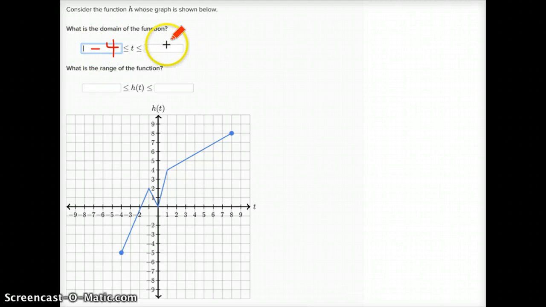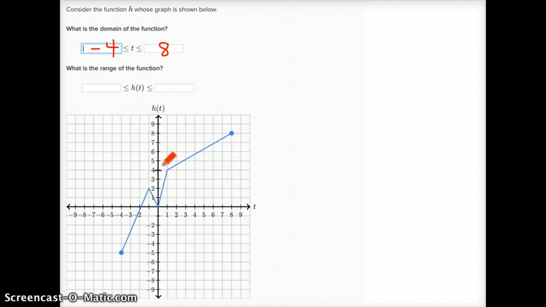And for our largest x value, we'll look all the way to the farthest point to the right, and this is 8. So 8 is as far as we go in our domain. So our domain is -4 less than or equal to t, which is less than or equal to 8.